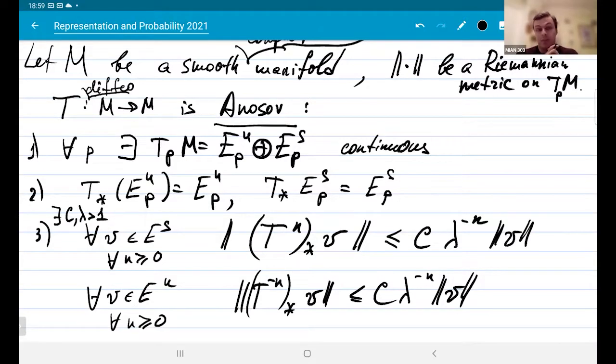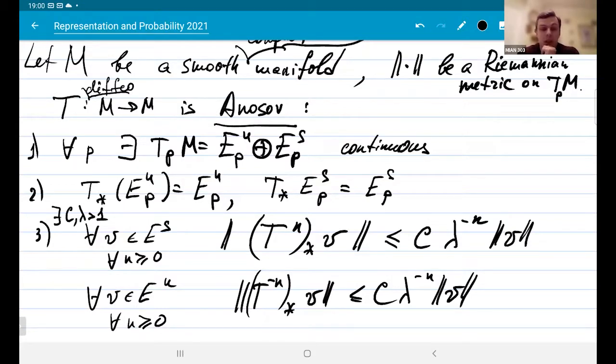So this definition again does not look very stable. When we perturb our map, of course, everything is destroyed. You no longer have an invariant decomposition into these stable and unstable spaces, so, for example, this will fail here.